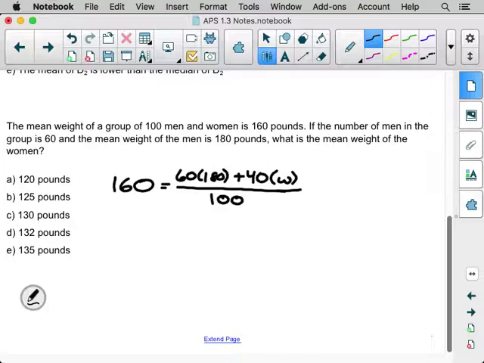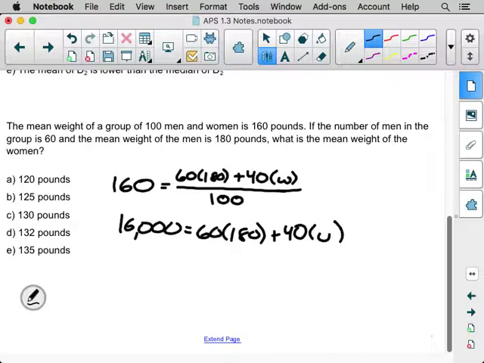Again, I'm hoping the algebra is the easy part because I know all of you have had that before. What would the algebra look like to figure out what that average weight is? Multiply the 100. Excellent. All right, and I'm sorry, what was the next thing you said? Subtract it, love it.